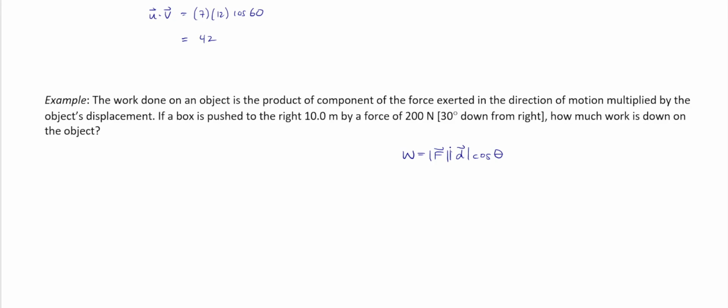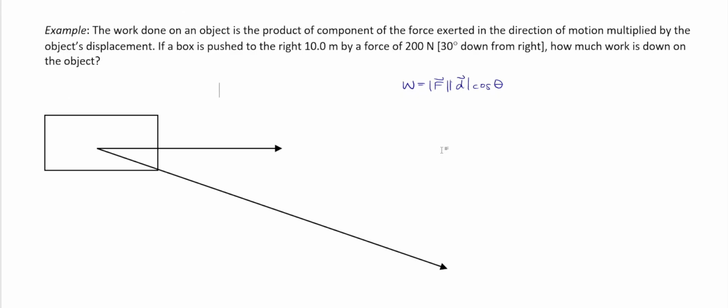Well, we'll start this with a diagram. Okay, so there's my box, and over here I've got the magnitude of the displacement is 10 meters, okay? And then this is the magnitude of the force, and that's 200 newtons. And I know that the angle between them is 30 degrees. So I'm just going to apply this formula right here.